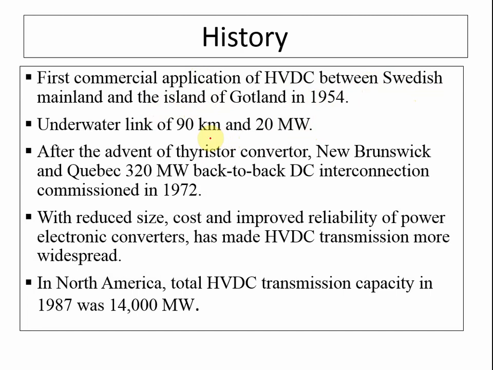Year by year, innovations have been going on in HVDC systems. As per the technology, the power carrying capacities have increased. In 1987, the power transmitted was about 14,000 megawatts, on an HVDC transmission line constructed in North America.